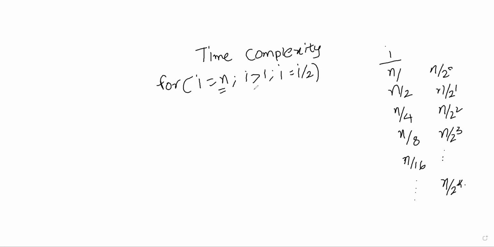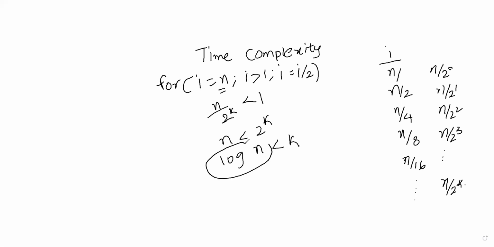So when this condition would fail: n by 2 power k less than 1, right? So n is less than 2 power k. When we apply log on both sides, it would be log n. What is the time complexity here?